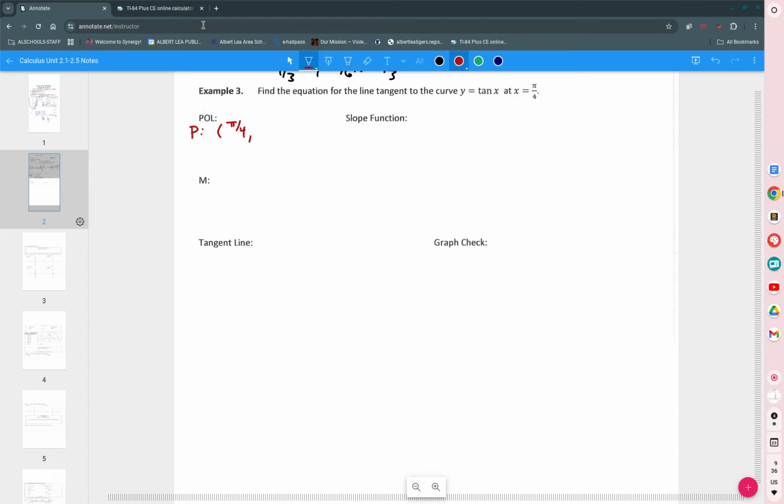One. It is 1. Remember, root of 2 over 2 and root of 2 over 2 is this coordinate right here, and tangent is the y value divided by the x value. So if you divide those, you get 1.